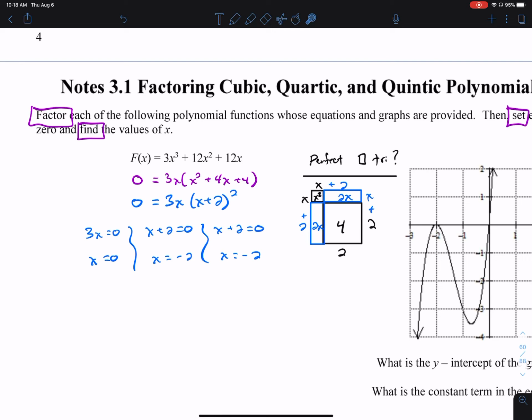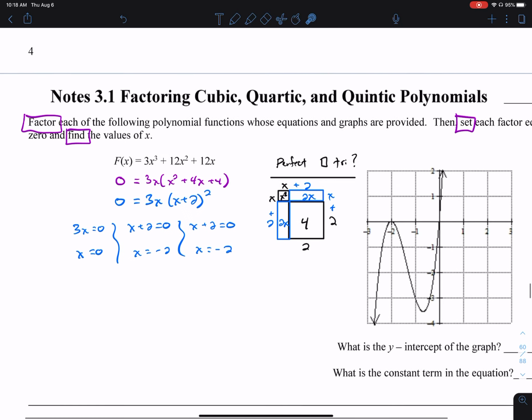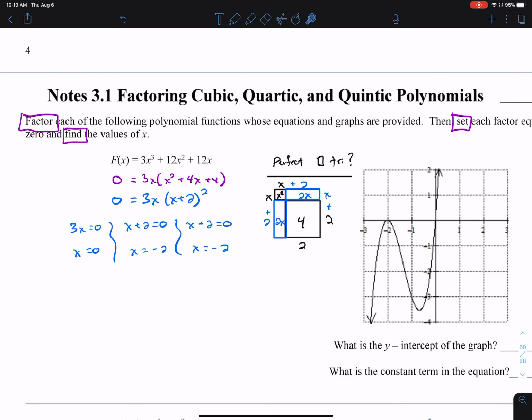It does matter that you set this factor equal to 0 twice, and we'll get into that at some point, because special things happen when you have the same factor more than once. I'll just tell you, if the same factor is a factor an even amount of times, it means that x-intercept is tangent to the x-axis. If a factor is a factor an odd amount of times, then that solution goes through the x-axis.